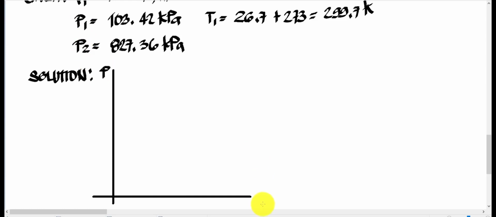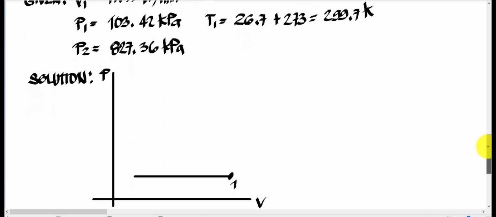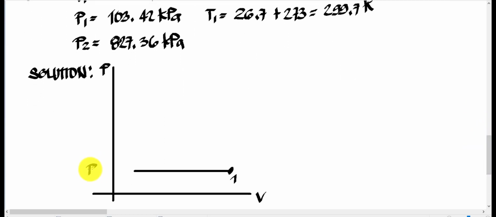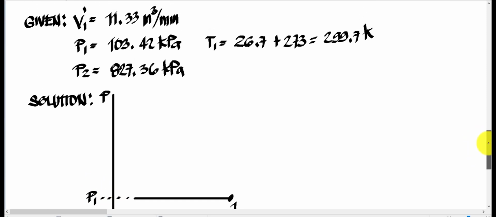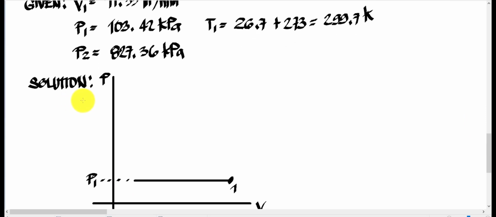Okay, so let's draw our PV diagram. I have here your pressure and here your volume. Starting at point 1, we have pressure 1 here. Then this is being compressed to pressure 2. So we have here the pressure 2.